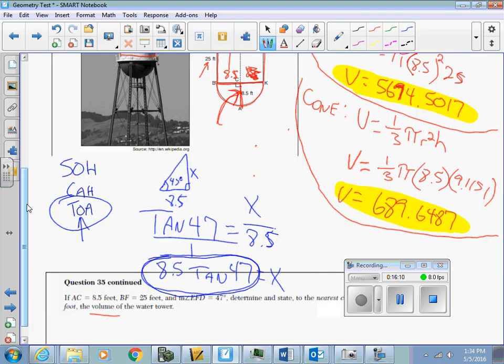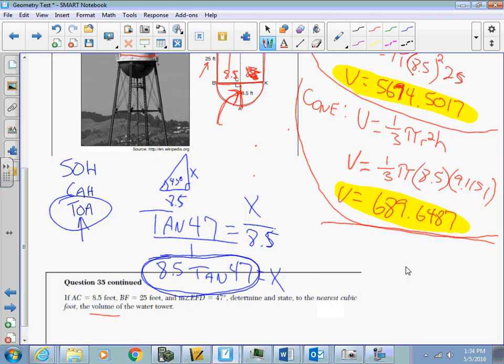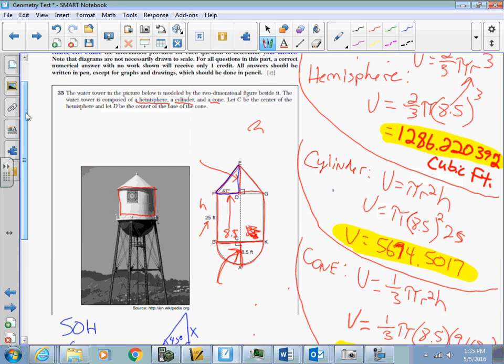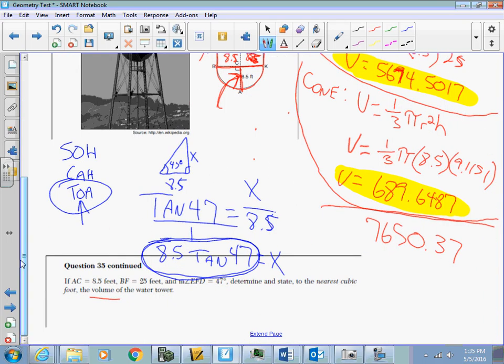And you end up getting, once you do all that, 7,650, and it's actually 0.37. But if you go back up to the question, it says to the nearest cubic foot. So if you round that to the nearest cubic foot, it's going to be 7,650 cubic feet.